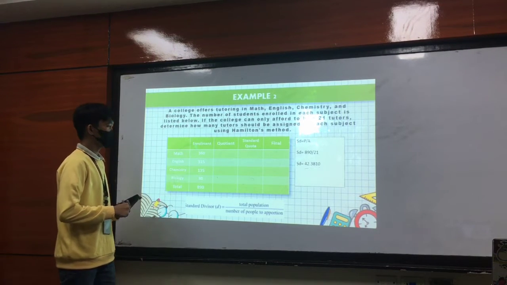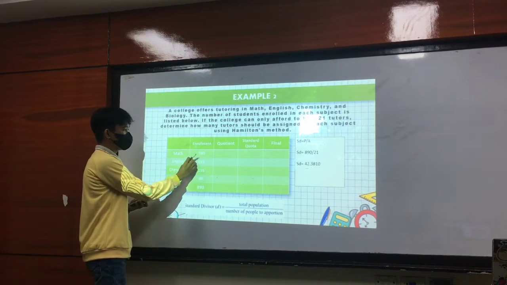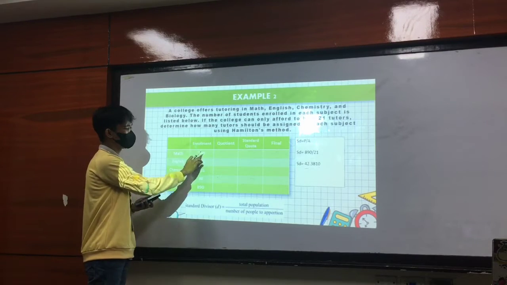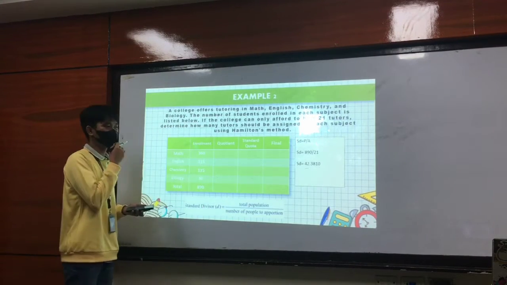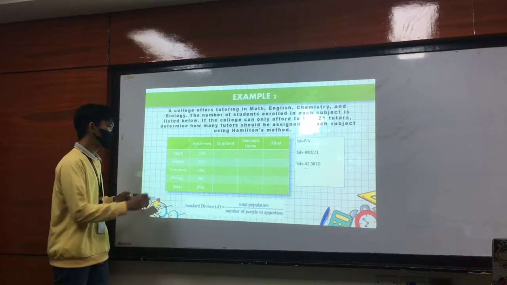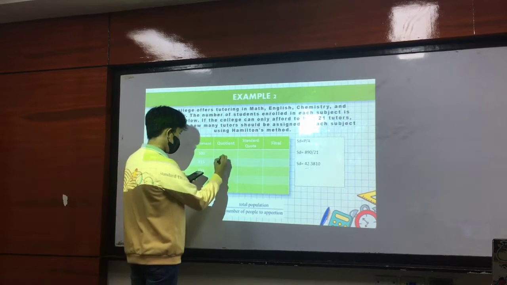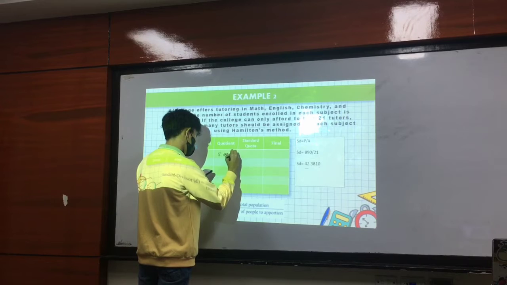So to find the quotient, we need to divide the enrollment, 360, by our standard divisor, which is 42.3810. If we divide this, we got 8.4944.